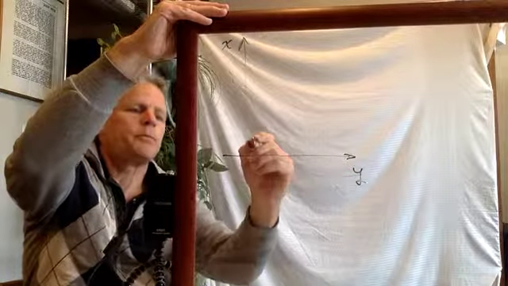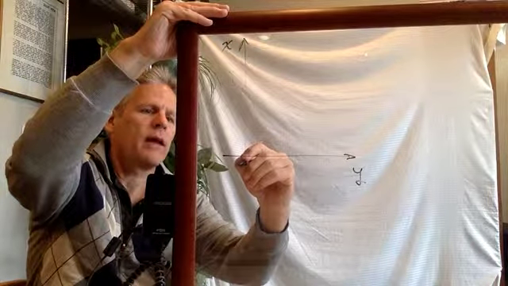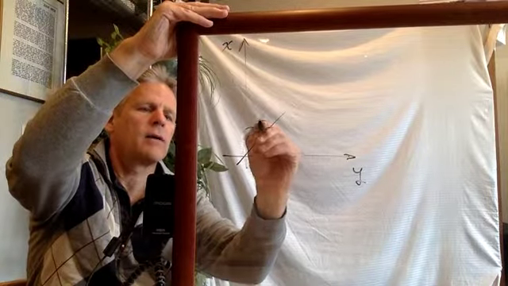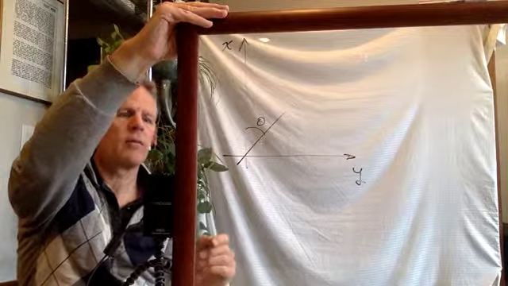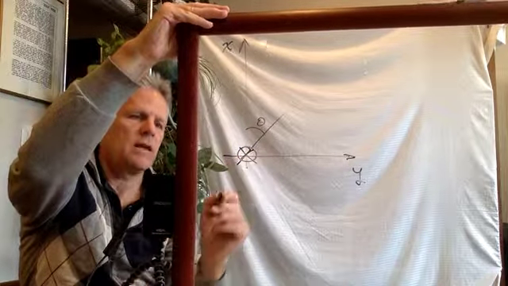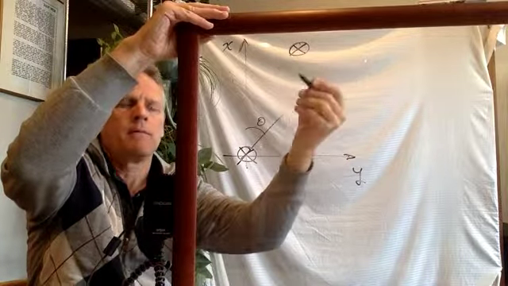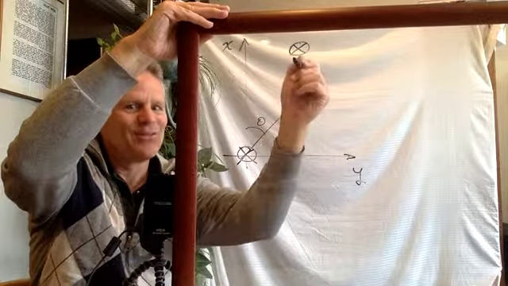Okay, so let's go ahead and just define our coordinate system a little bit here. Once again, we have x, y, and z. Our B, as you'll remember, is into the board.